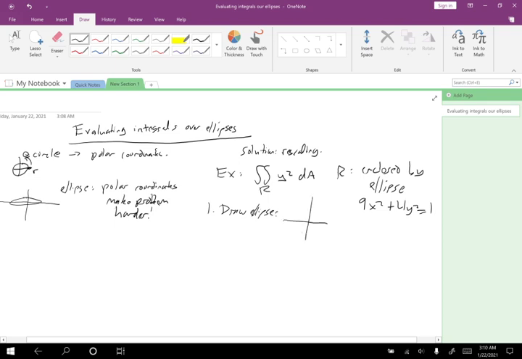Which way is shorter than the other? It turns out the x is actually the shorter side. This is exaggerated, not to scale. But the reason that x is the shorter side is because if you plug in y equals 0, you get 9x squared equals 1, x equals 1/3.